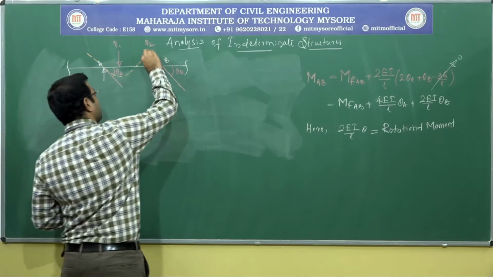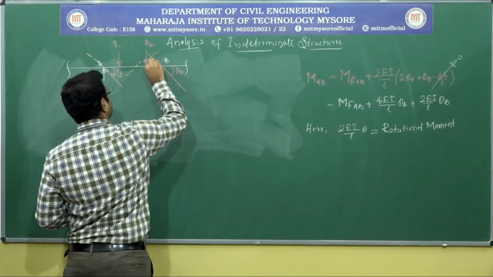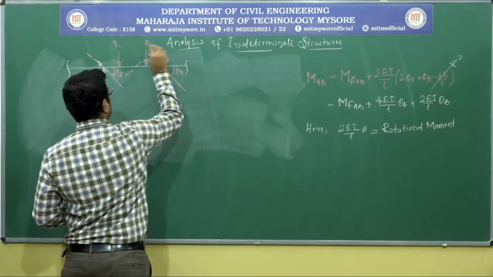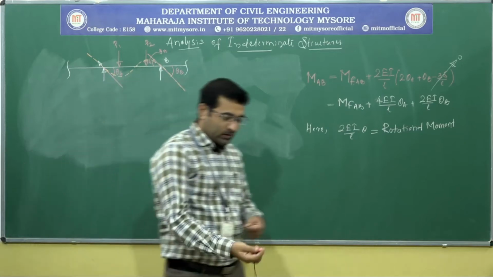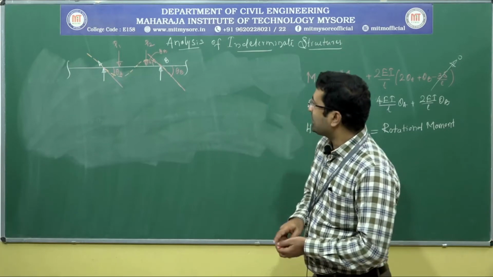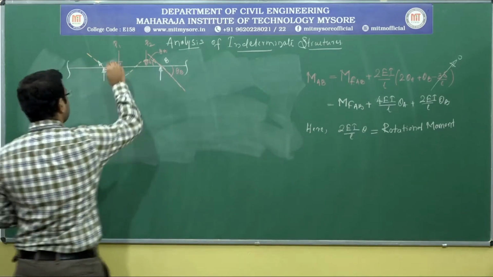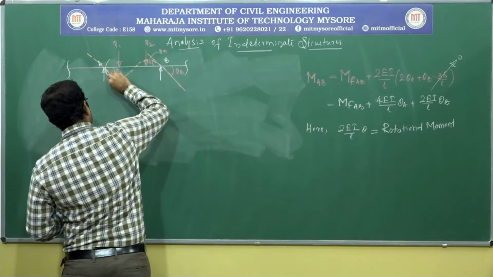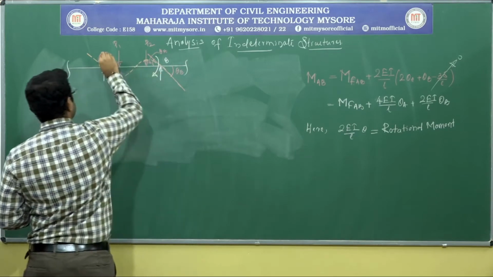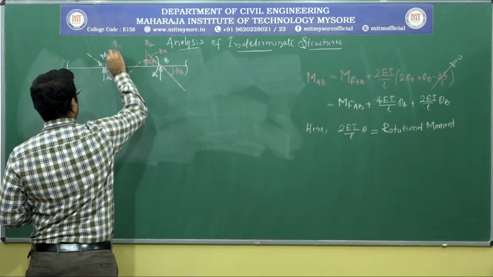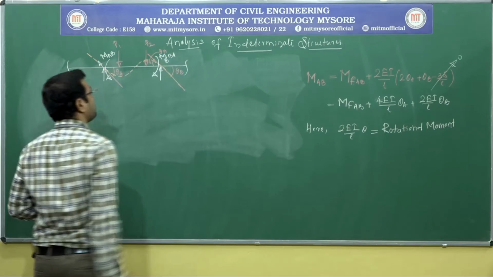So, this rotation remains the same, this is also theta B. Because of this loading, there will be a development of moments at the ends. Let us say these are the end moments MAB and this is MBA.